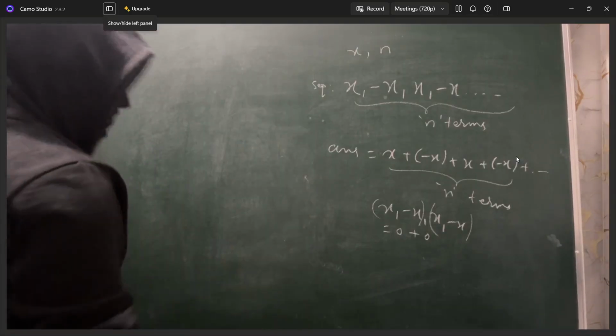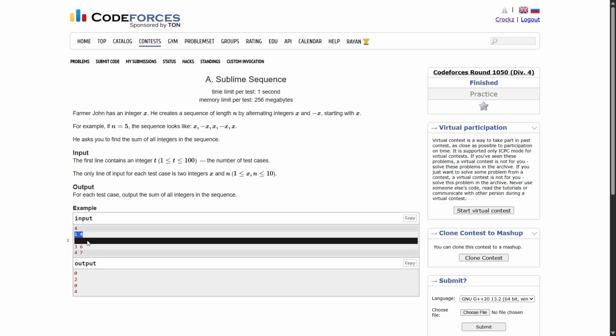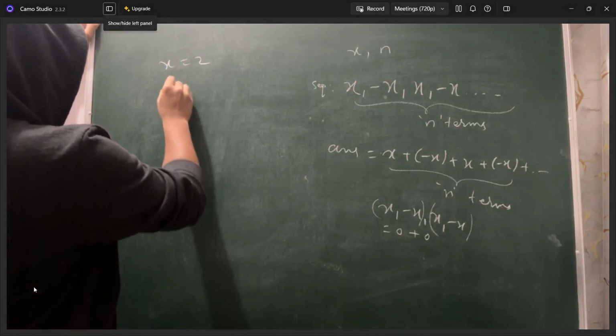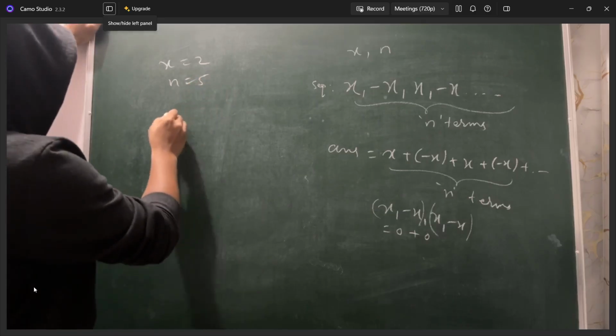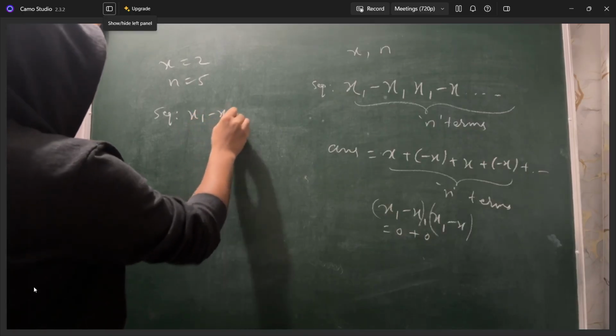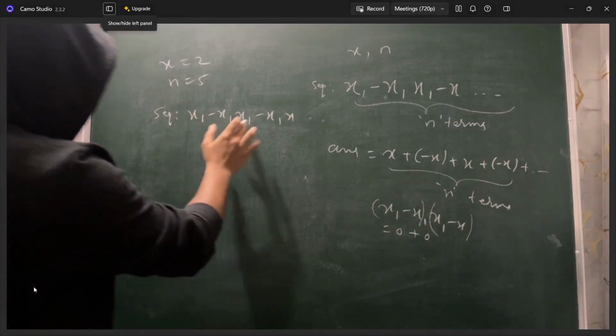Let's try to take another example. In the first example, the answer is 0. Let's take this one, 2 5. So we have x as 2 and n as 5. Your sequence will come out to be x, minus x, x, minus x and then x. Like 5 terms you have built.